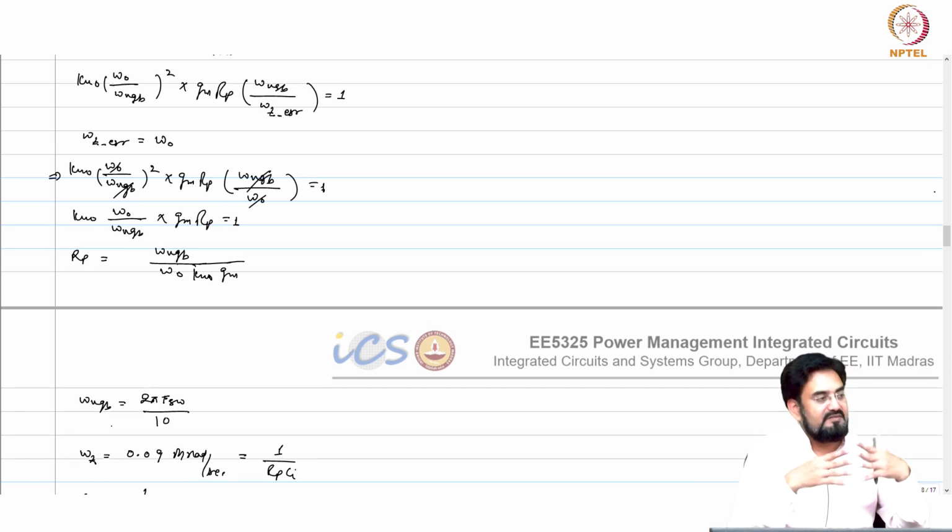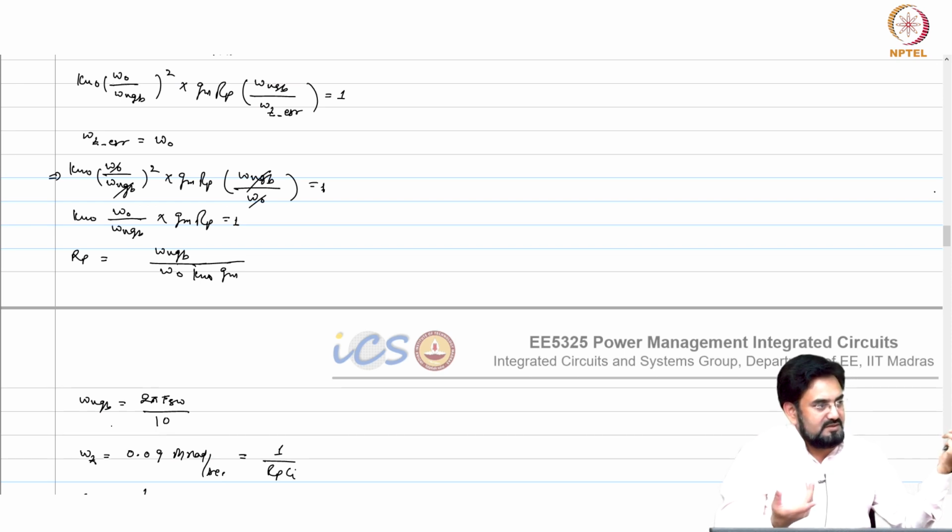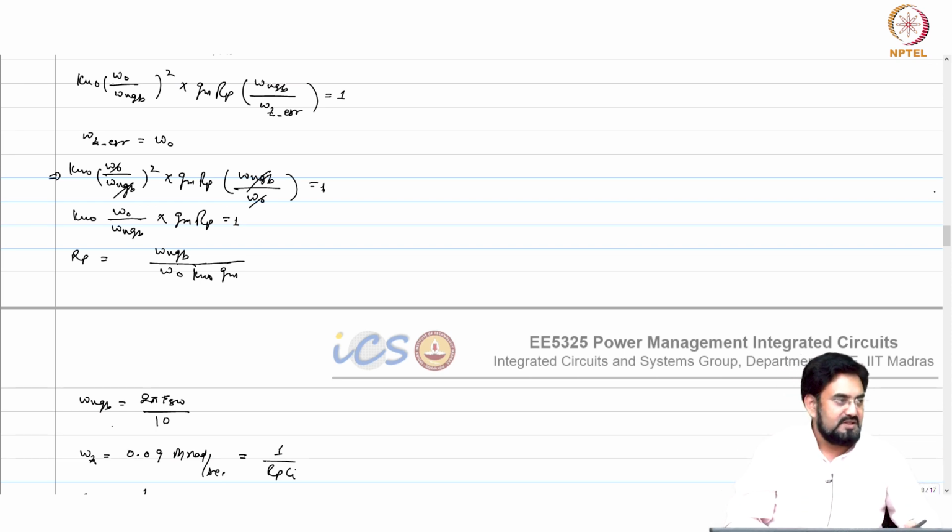And there is one more problem with that. Ideally I would like to keep this first zero also as close as possible to omega naught in order to reduce the value of C, and also I want my gain response to look like, what is the ideal gain response for your stable system? First order, if you have only an integrator, a first order system, and that is what you do actually.